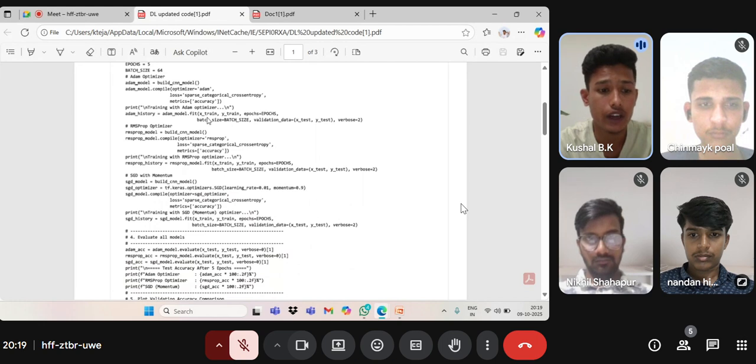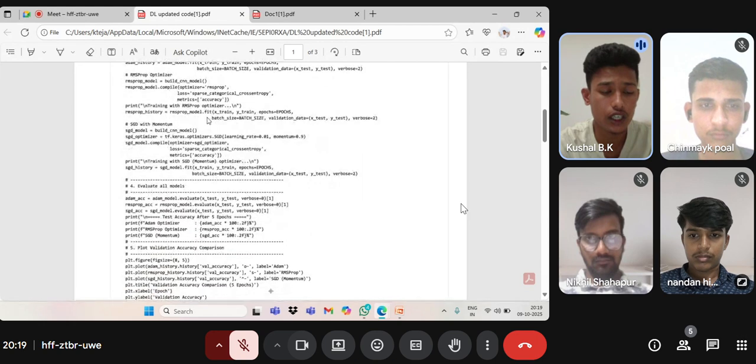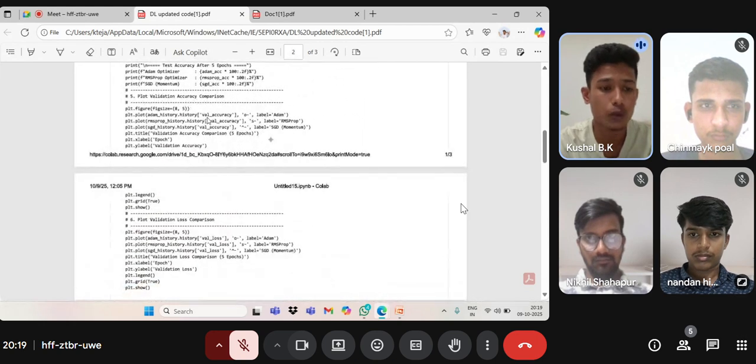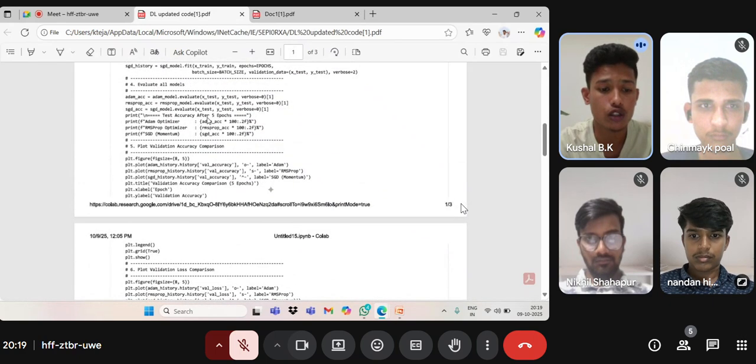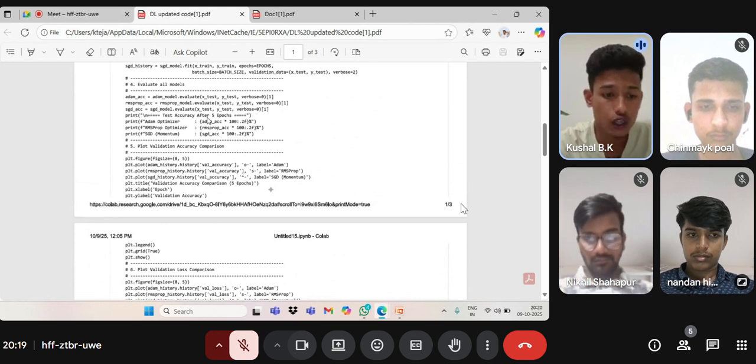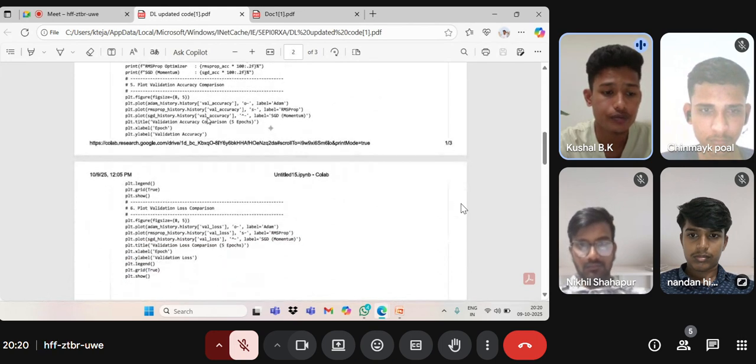with SGD, and evaluate all models: Adam versus RMSProp versus SGD, and plot the validation loss comparison. Here we have taken the learning rate as 0.001. The validation loss comparison plot has figure size 8 by 5.